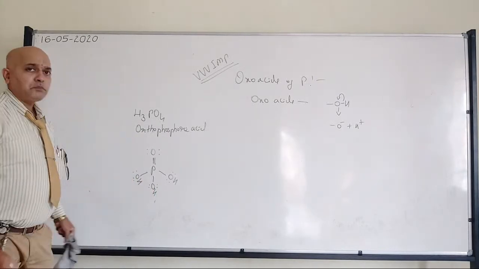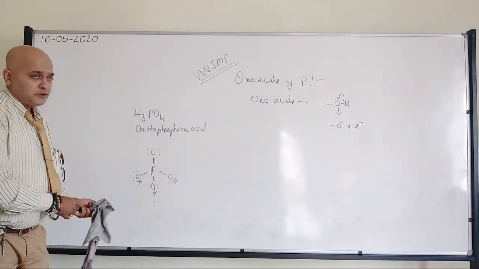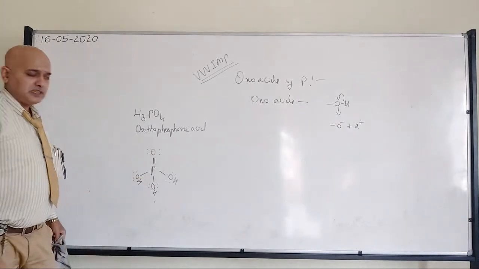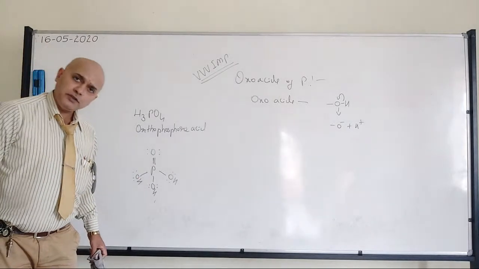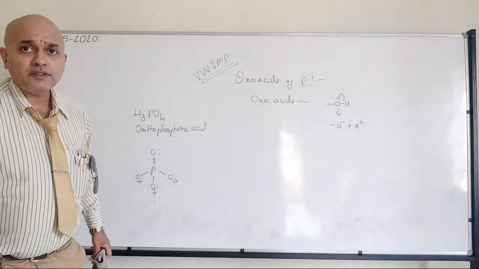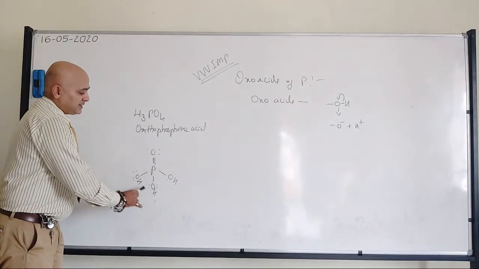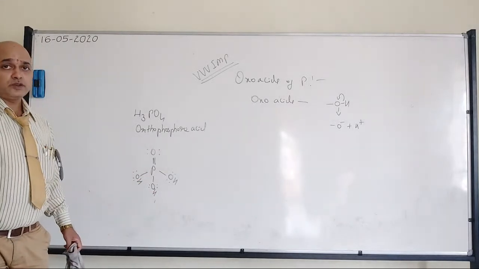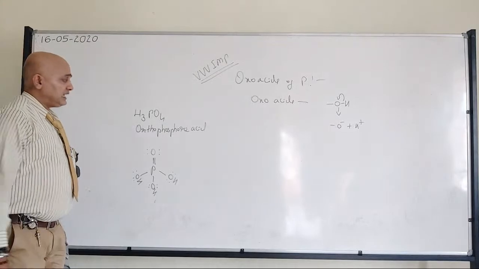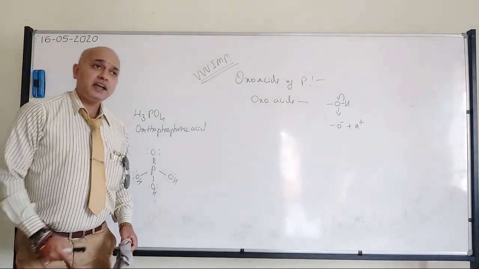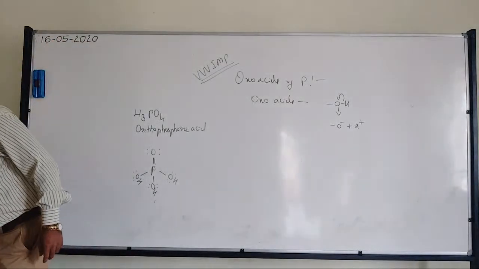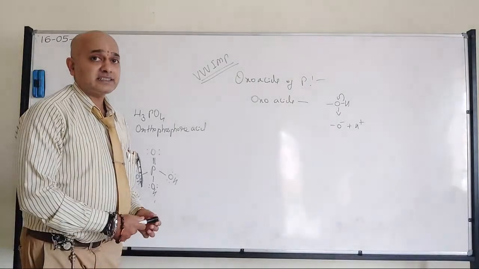Fine. Lone pair of electrons, no need to show. To make you understand, I have shown it in the structure. If you show the lone pair of electrons, don't worry, it's not wrong, but it's not compulsory. Don't learn it by heart. That's how you should write the structure. Fine. So that's where we have the orthophosphoric acid.